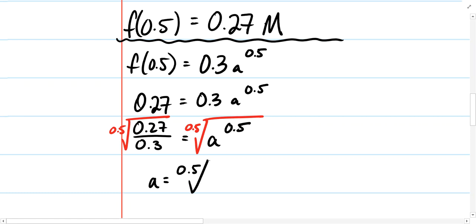And we're going to say that A, our growth rate, is the 1/2 root of 0.27 divided by 0.3. And I know some of you recognize what it means to take a 1/2 root, and that's fine, but let's just remain consistent with the process from before, and we're going to leave this as our a value for right now.